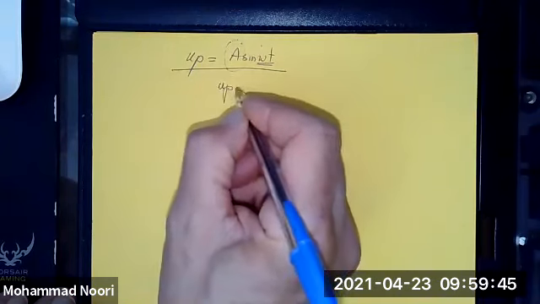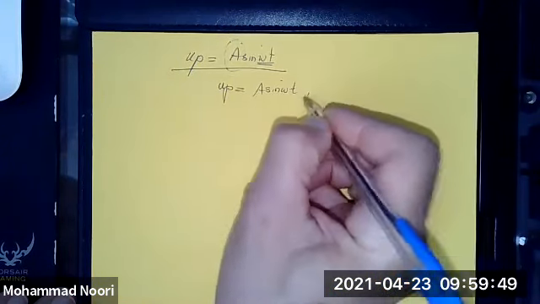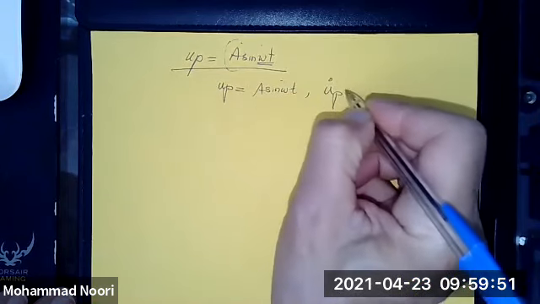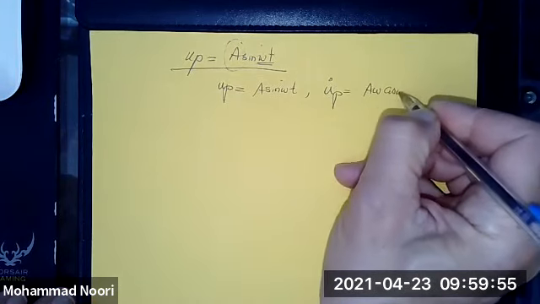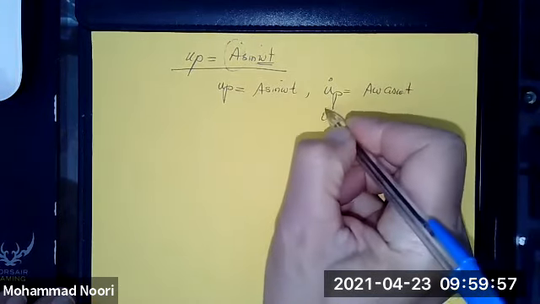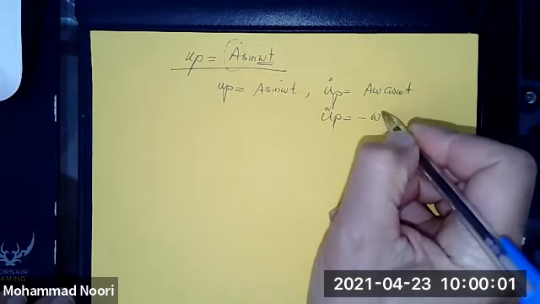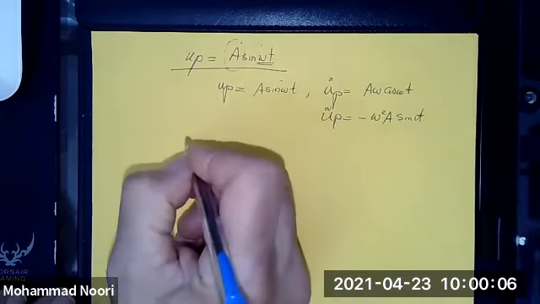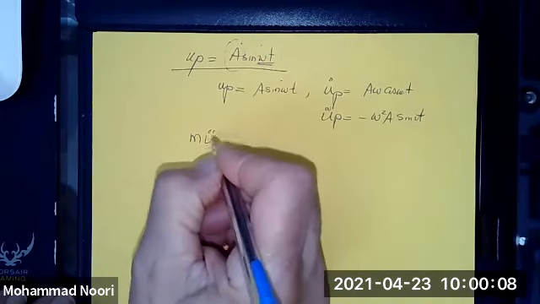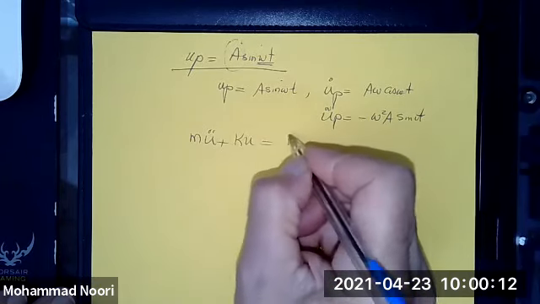In other words, you have u_p is A sine omega t. You need to find the derivative of this, which is A omega cosine omega t. Then you find the acceleration, which is negative omega squared A sine omega t, and you substitute those into this equation, okay?